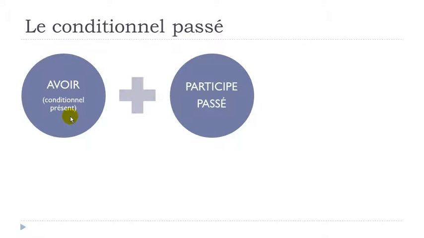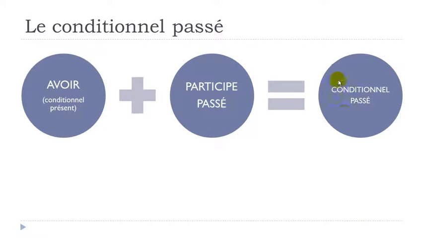Then you will put after this the participe passé form that we saw previously when we introduced the passé composé, because that's the second part that we use for the passé composé as well.